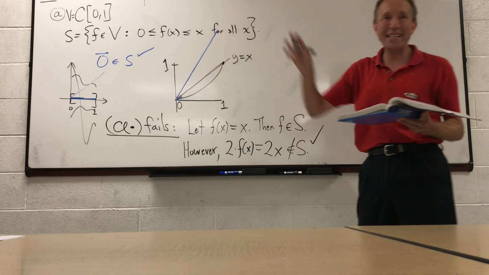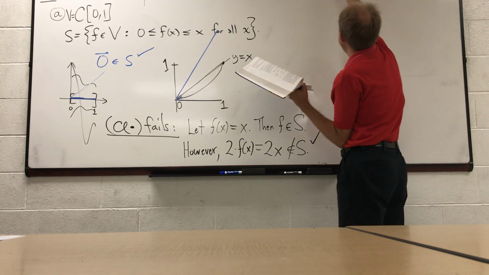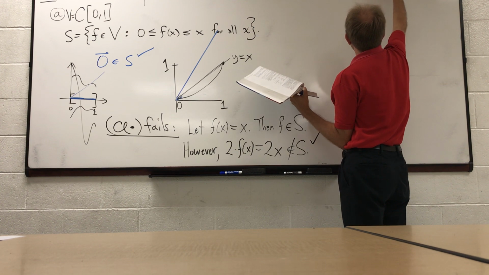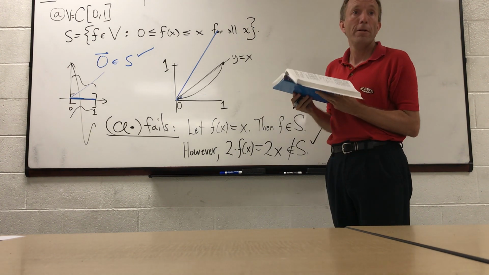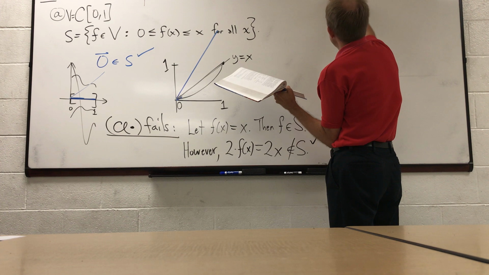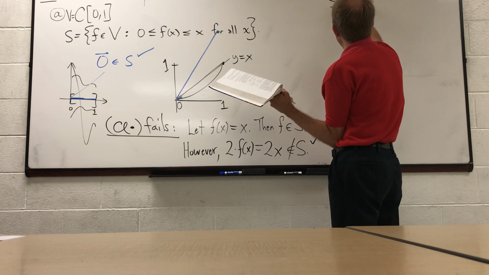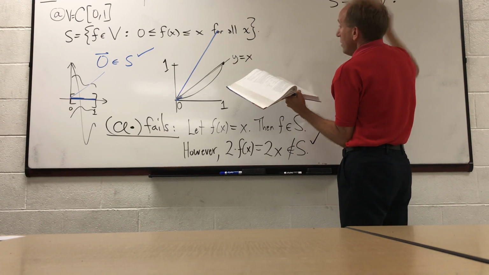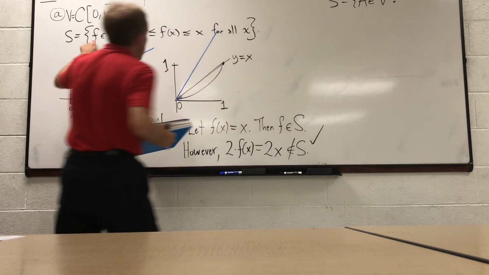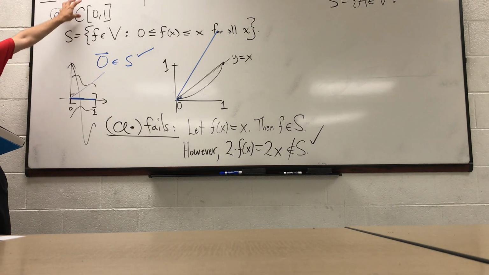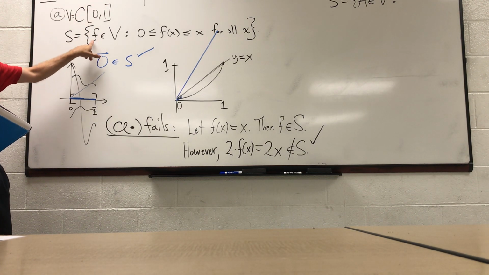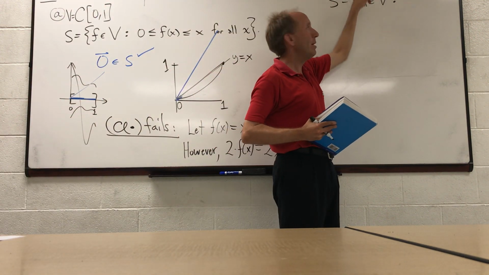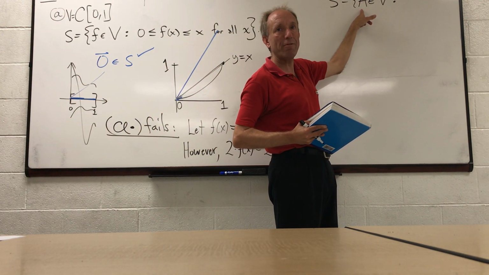A completely different example. Let's let V be M2 of R. And let's take S to be the set of capital A element of V. Notice how I'm trying to use notations. Like here, I was working with a vector space of functions, so I called my vectors F. Here I'm working with matrices, so I'm using a capital A for that.